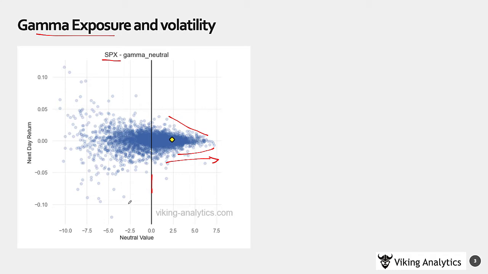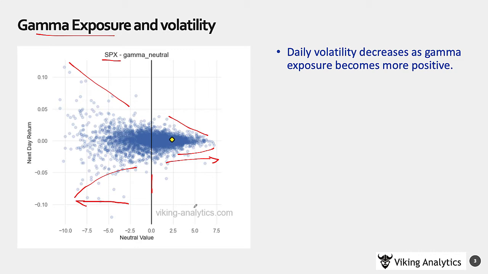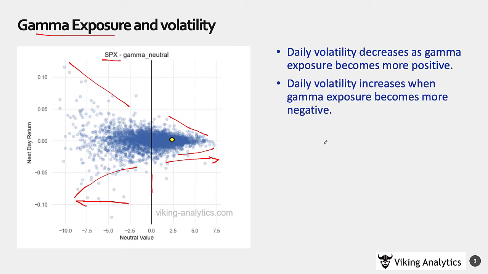But as price decreases below the gamma neutral level, volatility expands. So the quick summary is that daily volatility decreases as gamma exposure becomes more positive, and daily volatility increases when gamma exposure becomes more negative.